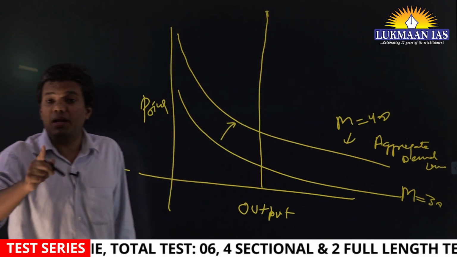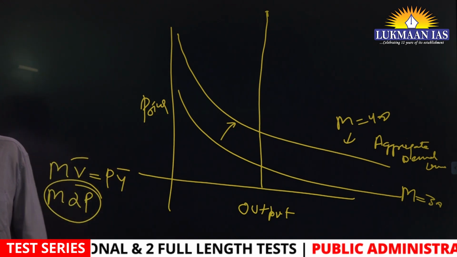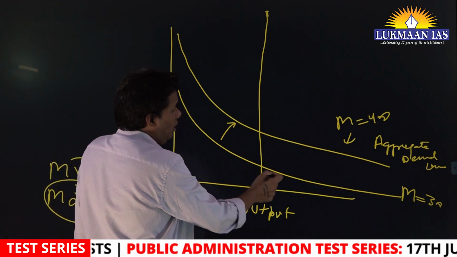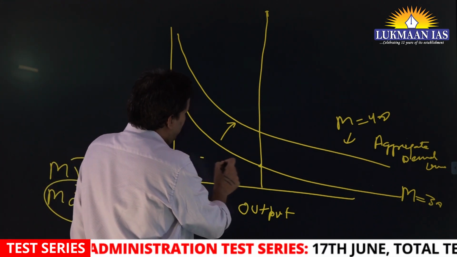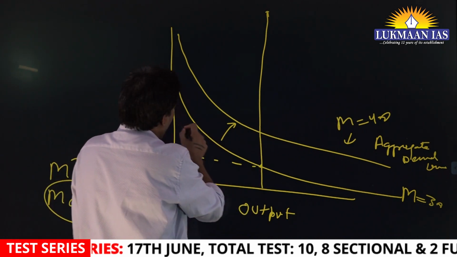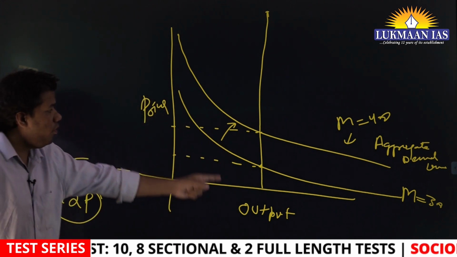And you know that the supply curve in the classical school is constant, right? So if this is the demand curve, this will be your equilibrium point, this will be your price, this will be your output, and when your money supply is increased, this will be your new price. So what is the most important observation?